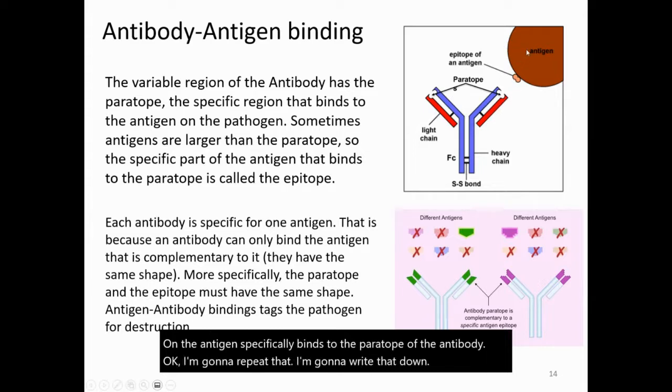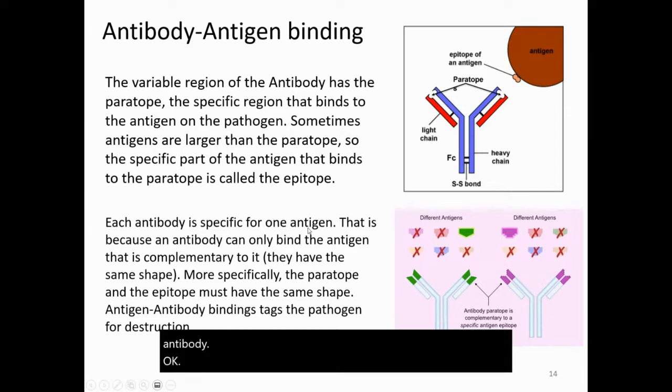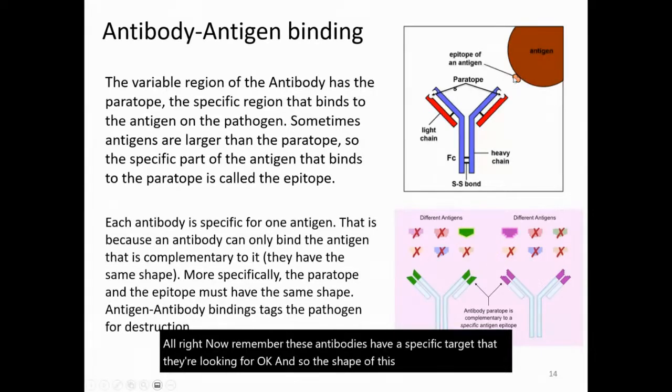The epitope of the antigen is going to bind to the paratope of the antibody. Okay? All right. Now, remember, these antibodies have a specific target that they're looking for. Okay? And so the shape of this paratope is going to have to match the shape of this epitope.